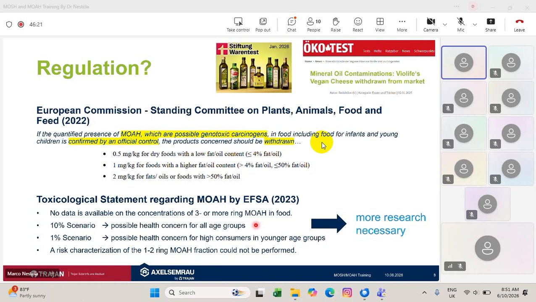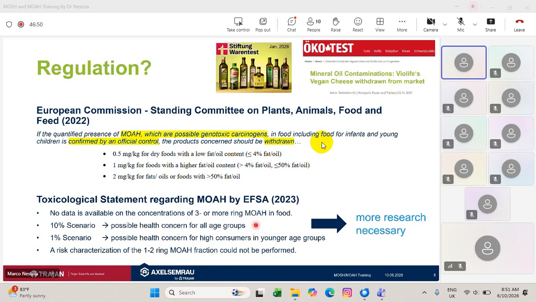So EFSA did all the scientific research, looked into the data, gave their statement, and based on that, the European Commission defined the final law. So all thresholds and levels are coming from the EU Commission, in the end, yes. So when it comes to the real laws, it's all coming from the European Commission. And European law is always higher than national law in the European countries.